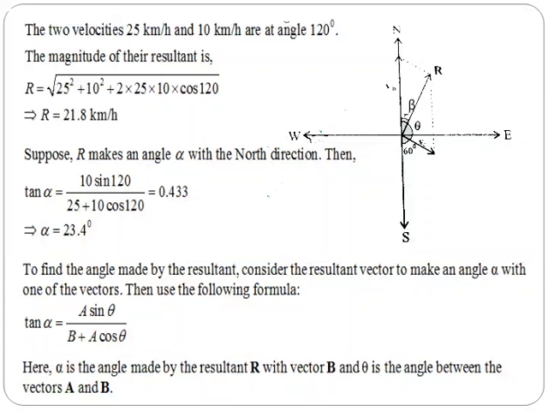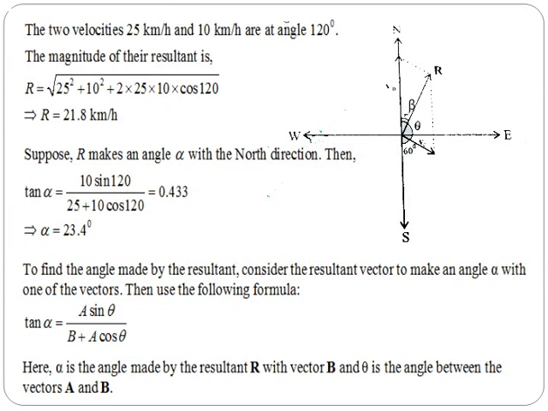The angle between the direction of two velocities 25 km per hour and 10 km per hour is 120 degree. Then the magnitude of the resultant velocity is r is equal to square root of a square plus b square plus 2ab cos theta, where a is the magnitude of the velocity of the motorboat and b is the magnitude of the velocity of the water current.